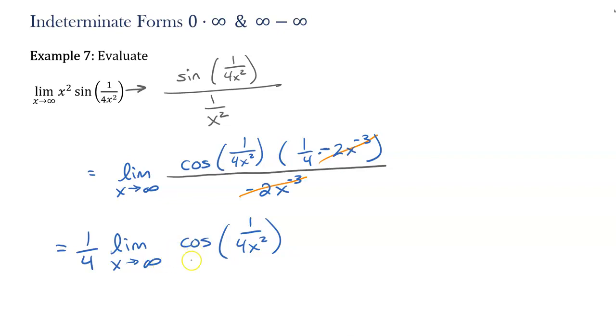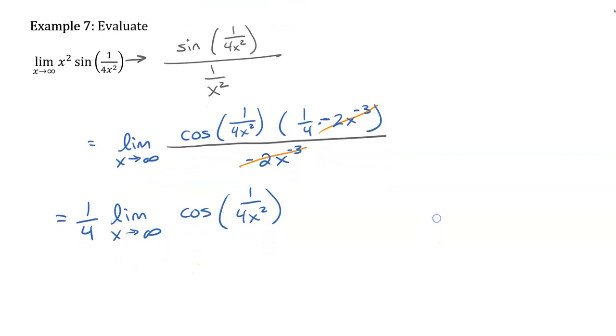Cosine as x approaches infinity in the denominator is going to go to 1, isn't it? Because as we get insanely bigger in the denominator, that goes insanely smaller. So cosine as we approach insanely small, as x goes to infinity, will give us just 1. So we have a lovely 1/4 to go with that.